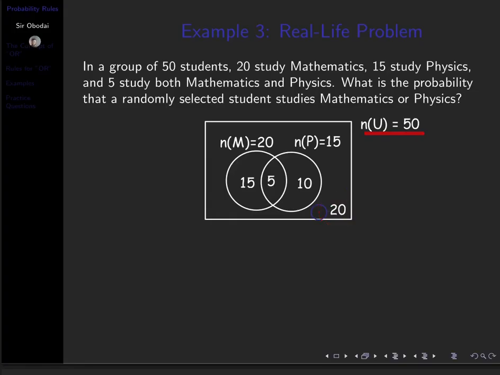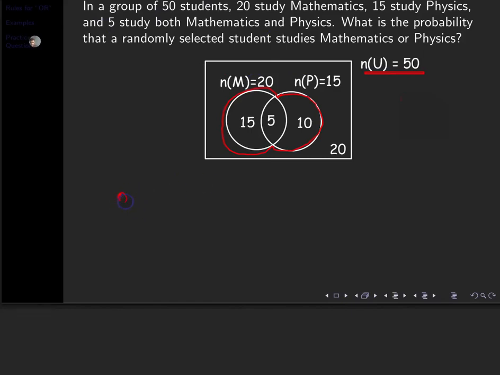Now to our question. It says, what is the probability that a randomly selected student studies maths or physics? If you're able to draw this, then from your diagram, maths or physics is just going to be this portion over here. We need the probability of people who will study maths. That will be the number of students studying maths, 20, over the total number of students, which is 50.